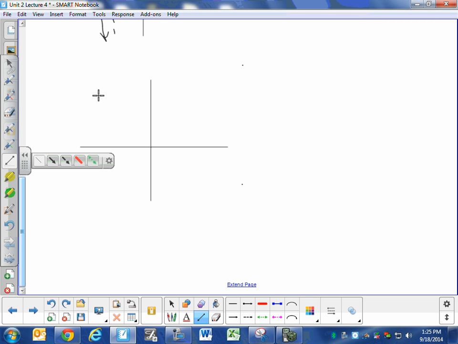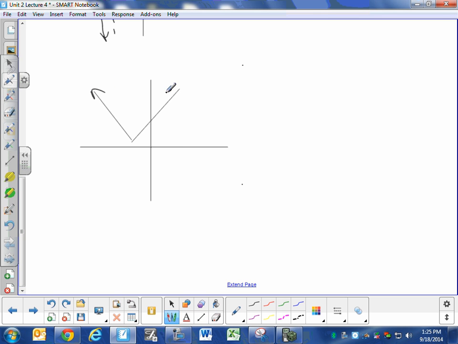You saw some on your homework. This graph, this V, at this point down here, this sharp point, the derivative does not exist, or the slope does not exist. DNE.